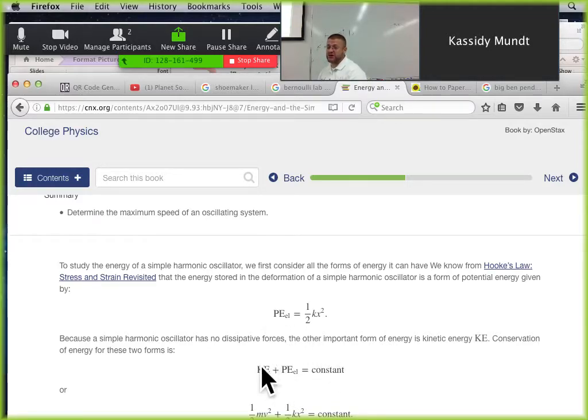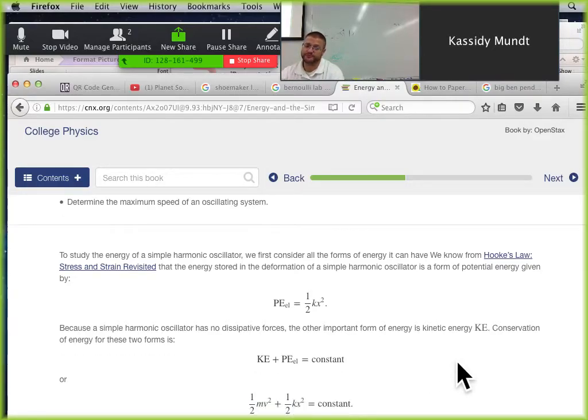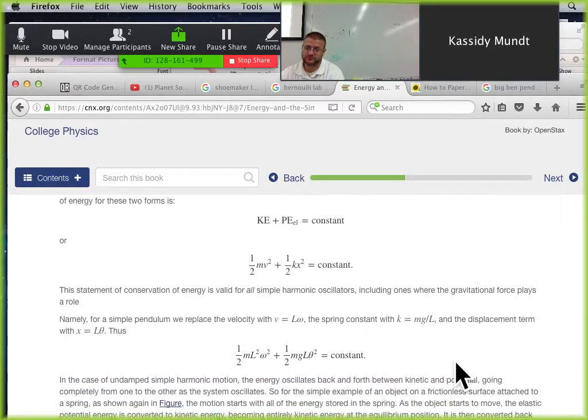So the kinetic energy of the oscillator plus the potential energy of the oscillator at any given point has to be constant. If you freeze time for a second, the kinetic energy plus the spring potential energy at that point is the same as at any other point. When it's at its maximum displacement, it's all potential energy. When it's right in the middle at equilibrium, it's all kinetic energy. But it has to be constant.